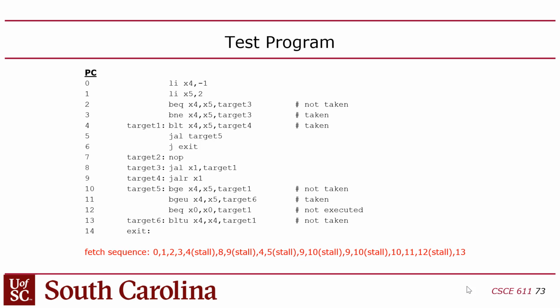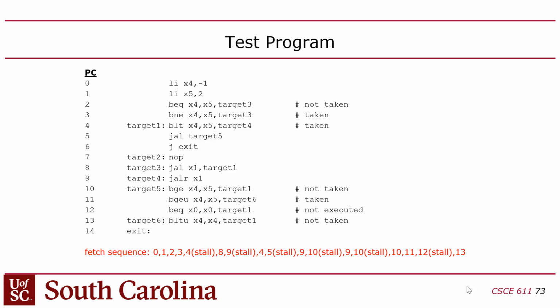So here's the program. Remember, the program counter is a word address, so each instruction increments the program counter by 1. So you're going to fetch program counter 0, 1, 2. Okay, that's fine.